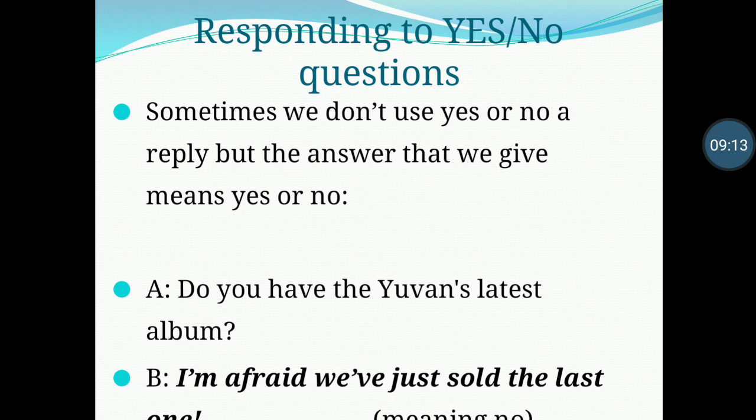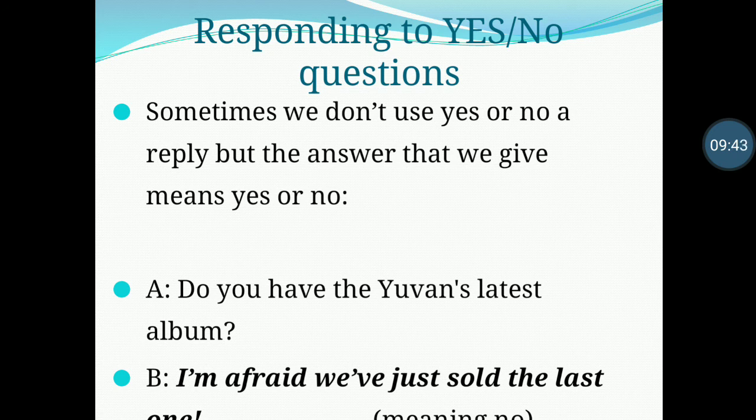Sometimes we don't use yes or no to answer a yes or no question, but the answer we give means yes or no. We never use yes or no, but the answer should be understood by others as yes or no. For example, do you have Yuvan's latest album? Suppose you are asking this question, you can expect yes or no, but look at this response.